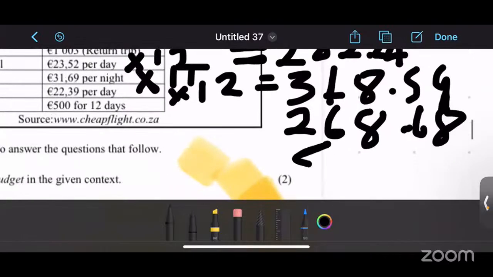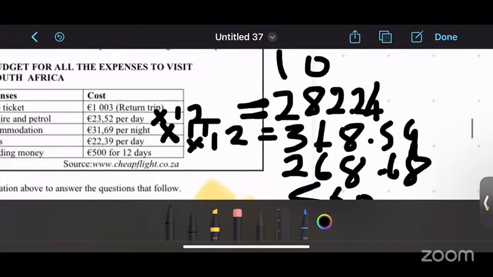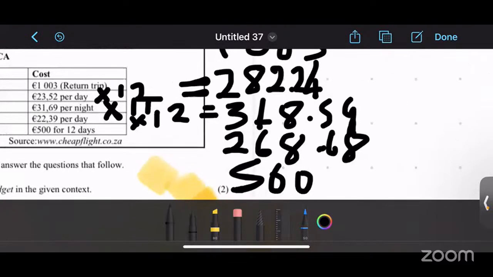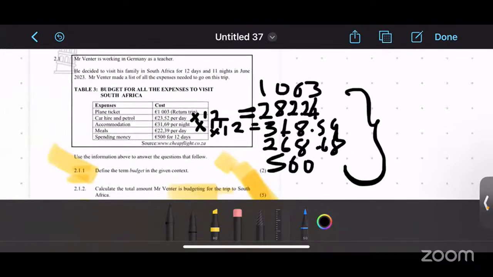And then add it with 500, and then add it with 1003. So these are the amounts that we need to add together to get the total. That means I can already see that the 7,000 is incorrect. You need to recalculate. I don't know how you did it the first time, but you need to recalculate.